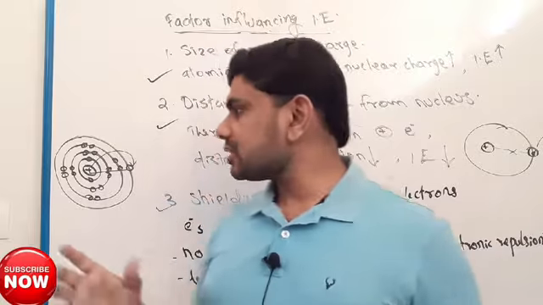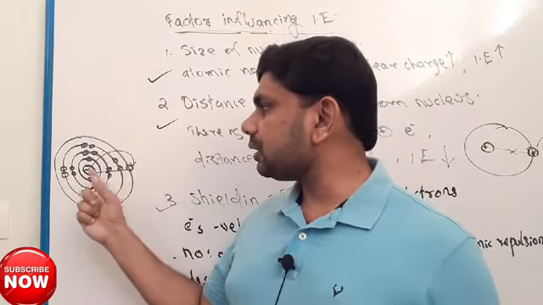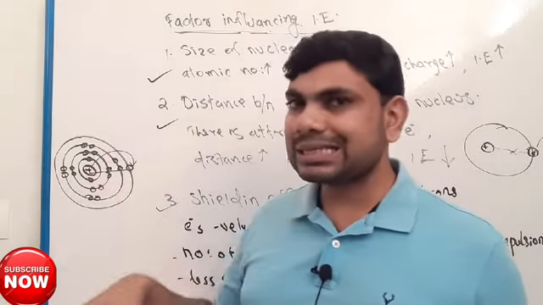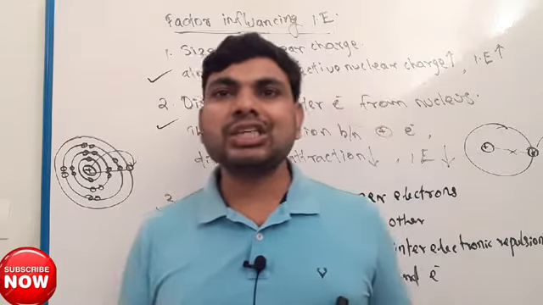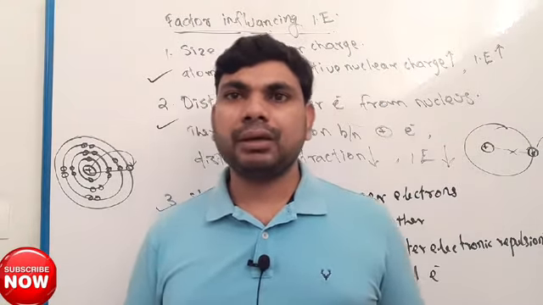This repulsion between electrons present inside these orbits is called inter-electronic repulsion. Clear?